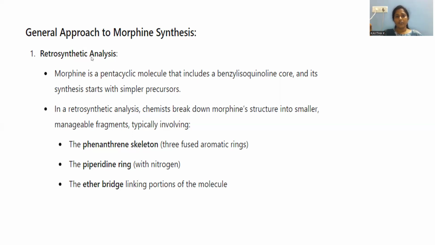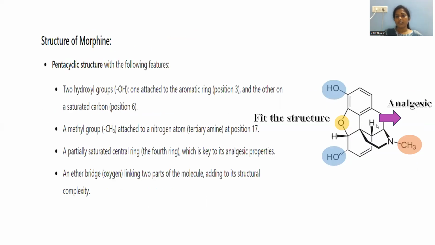This is the way the retrosynthesis approach is used, where the complex molecule morphine is taken, fragmented, and converted into various simpler fragments. If you observe the morphine molecule, we are going to fragment it strategically like this. The phenanthrene fragment got separated, and this is a piperidine ring which is also segregated, and this is a saturated furan ring, also separated in a particular way.